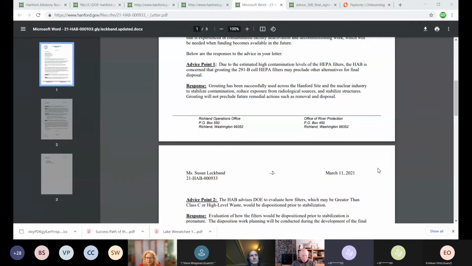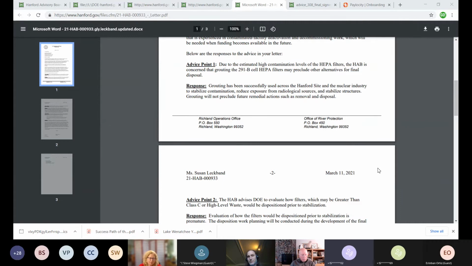But the thing I just wanted to point out for people to be aware of is that under the federal law and the National Contingency Plan, there is specific language that talks about how your early actions or your removal actions are supposed to not preclude or get in the way of what you do for your final cleanup action.